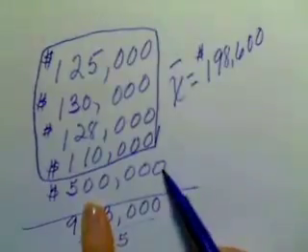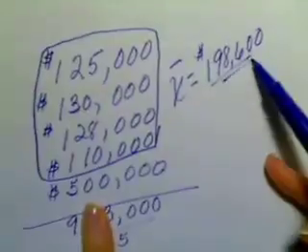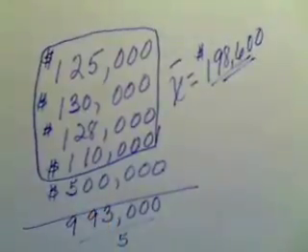So by having this unusual value, it makes it look like the homes are more valuable in that subdivision than they actually are.